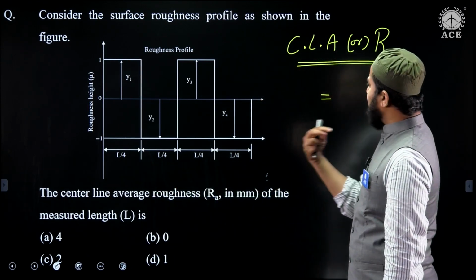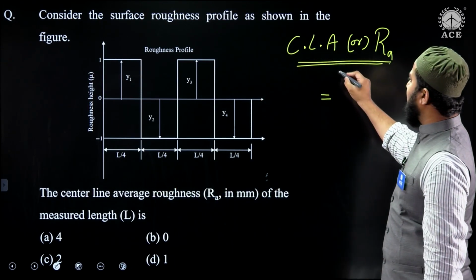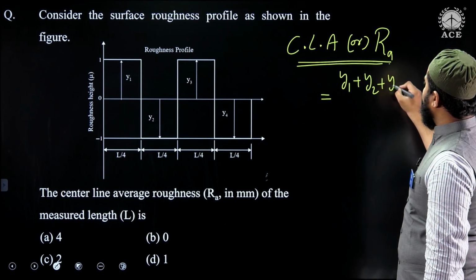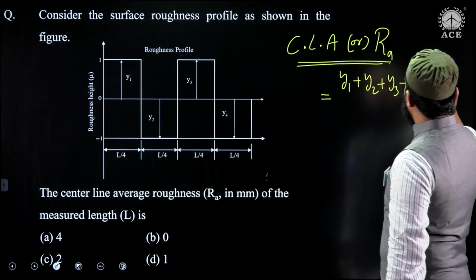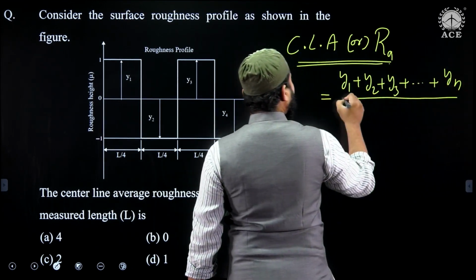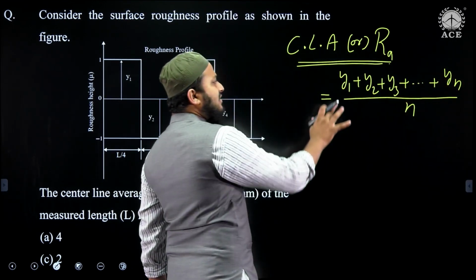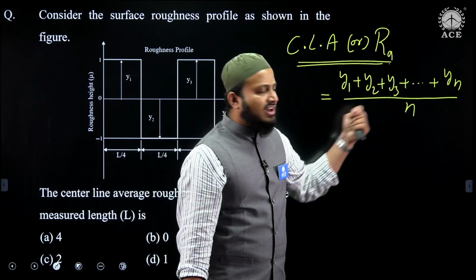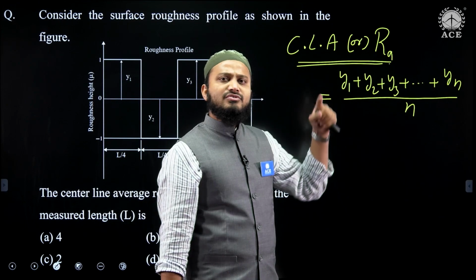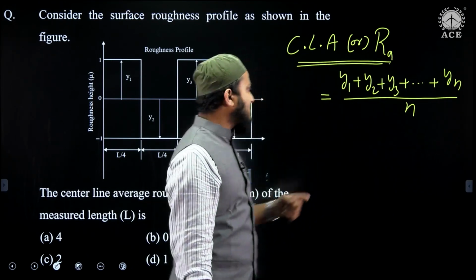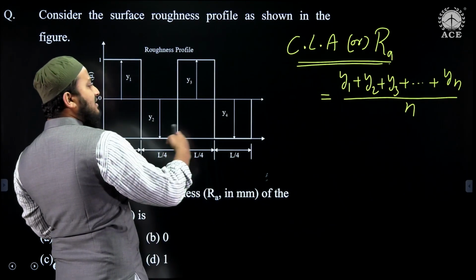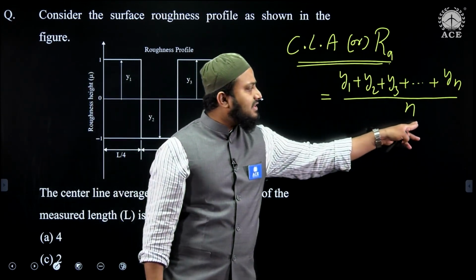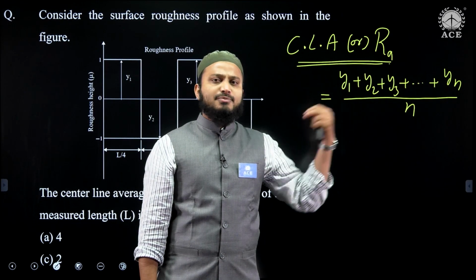The basic formula of this central line average value is y1 plus y2 plus y3 plus and so on plus yn, by n. In this formula, y1, y2 up to yn represent each and every individual peak and valley throughout the sampling length. Sampling length is the length in which the entire surface texture is present, whereas n in the denominator is the total number of peaks and valleys.